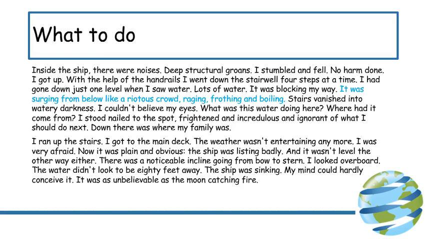At the same time though, the author is juxtaposing this with the use of longer sentences, which works to build tension in the text. So after this point here, it's saying "lots of water, it was blocking my way", but then it's followed by "It was surging from below by a riotous crowd, raging, frothing and boiling."